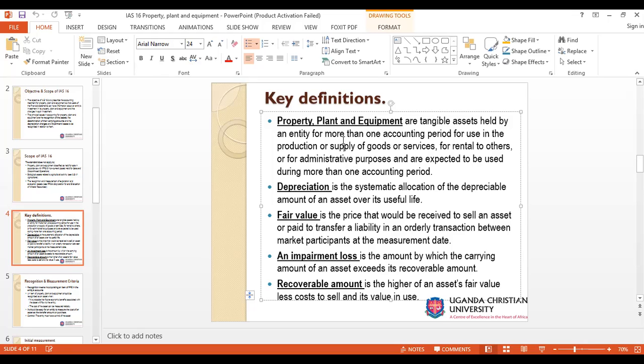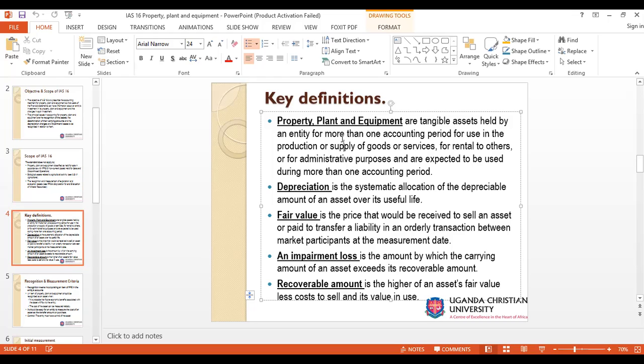So when you are looking at those tangible assets held by an enterprise to produce or supply goods and services, or for rental to others or for administrative purposes, and they are to be used for more than one accounting period, then you are talking about property, plant, and equipment.